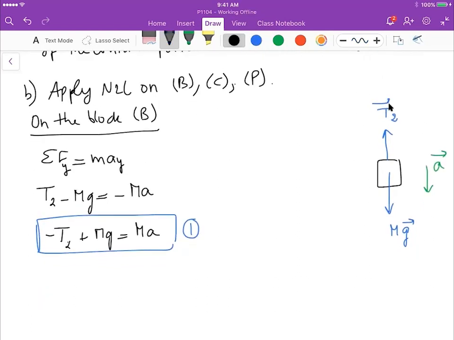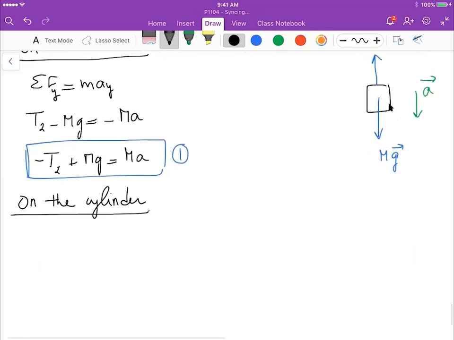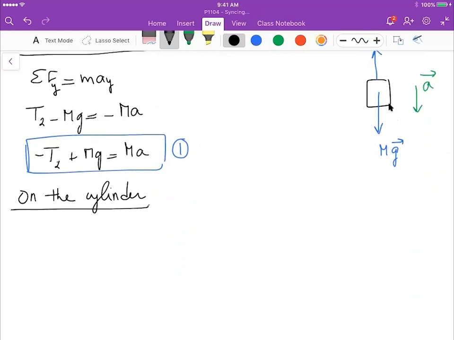Now let's move on and apply Newton's second law on the cylinder. So on the cylinder, what do we have? In the same way, I will draw the cylinder here on the side so we can see everything on the figure in front of us. This is our cylinder, and this is the support through which the cylinder is attached to the cable. The forces acting on it are as follows.